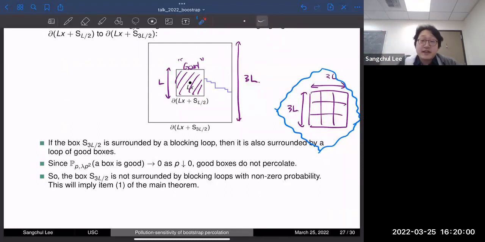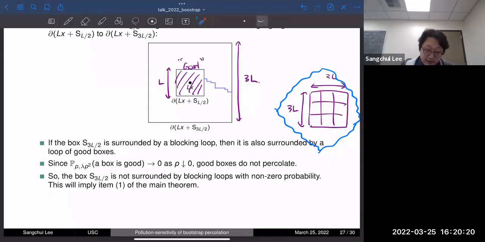What does that mean? That means that in the terminal configuration, any occupied cluster containing this box cannot be bounded, or otherwise we should be able to find those blocking structures bounding this box of size 3L.